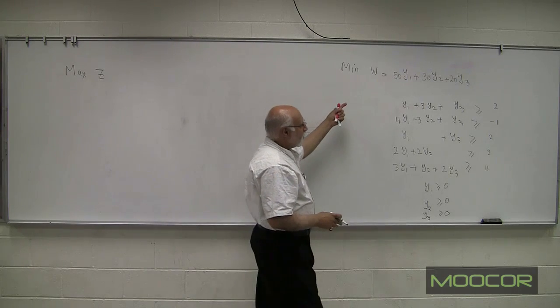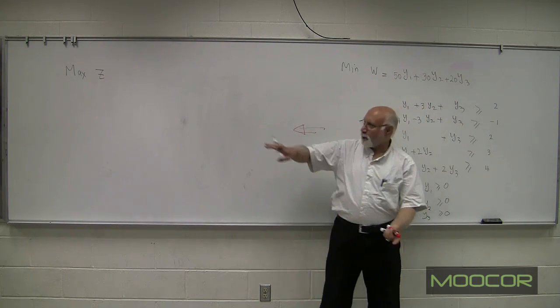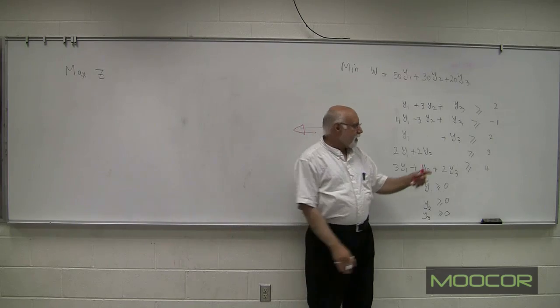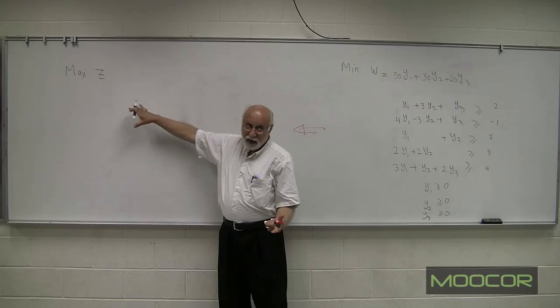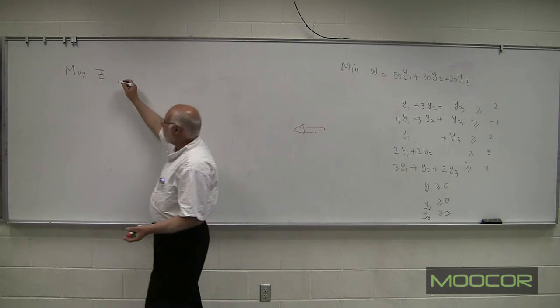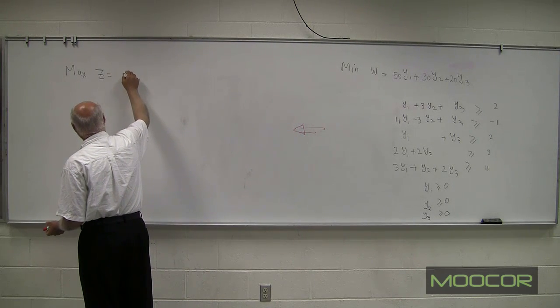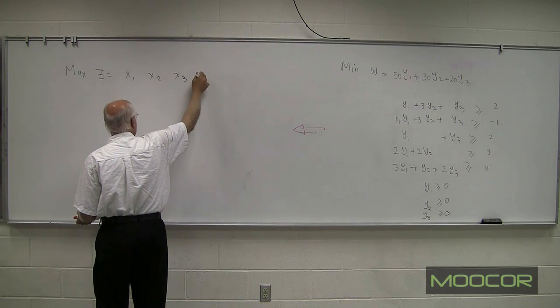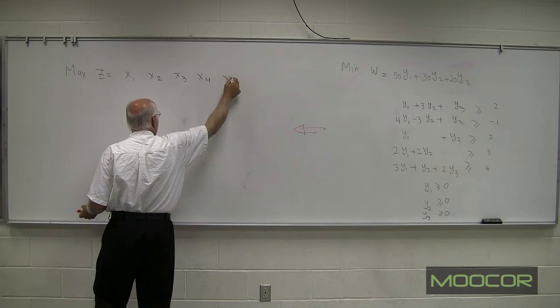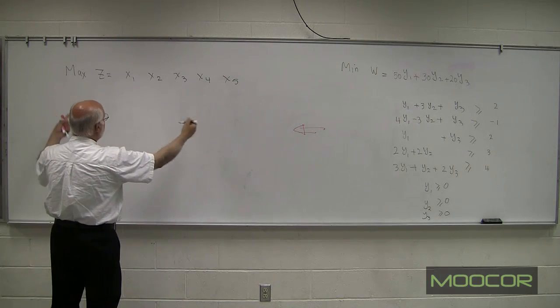I have 3 variables in here, so I will have 3 constraints in here. I have 5 constraints in here, so I would have 5 variables in here. So I'm going to write those variables: x1, x2, x3, x4, x5. And 3 constraints.